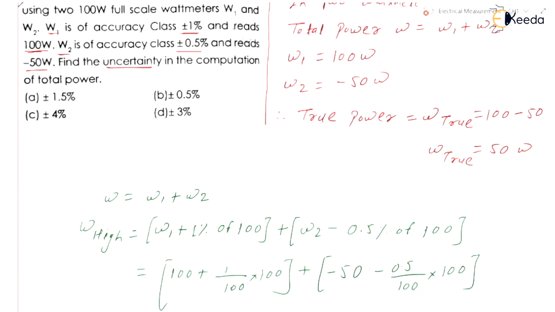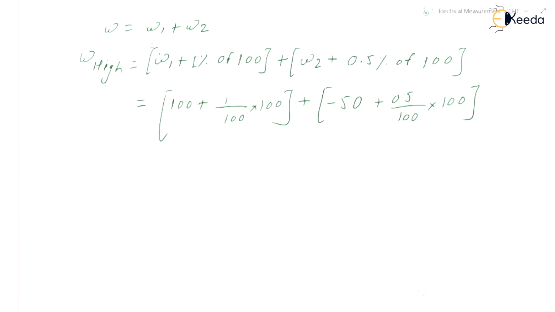Yes, the reading of W2 is minus 50. Here we need to maximize this term, because we are interested in getting the maximum value of W. So we can write 100 plus 1, that is 101, plus 0.5 minus 50, that is minus 49.5.